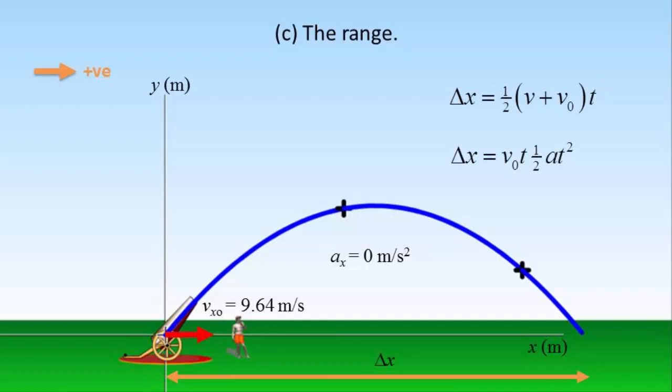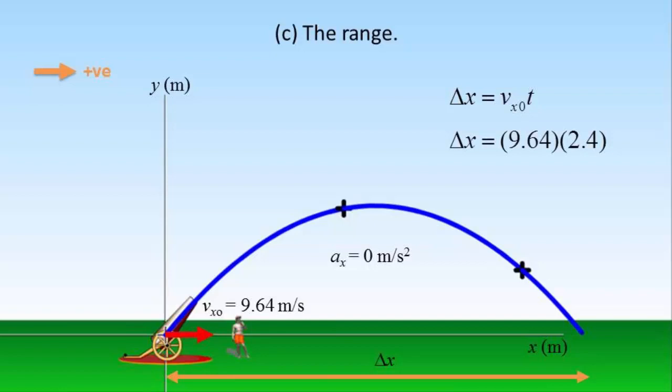Since the acceleration is 0, so the initial and final velocities are the same, both equations reduce to the following. Relabeling this equation to the horizontal direction gives us the displacement in the x direction being equal to the initial velocity in the x direction multiplied by the total time of motion. Putting in the values for these parameters gives us 23 meters.